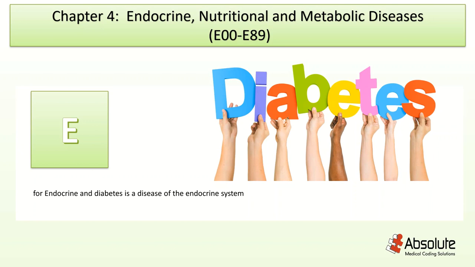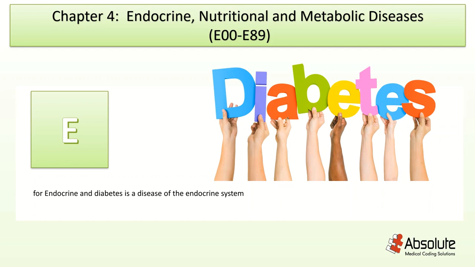Chapter 4 category codes all begin with the letter E. E is for endocrine, nutritional, and metabolic diseases. So if you have any endocrine condition, it's going to be under Chapter 4 and it's going to begin with the letter E. Now, the code series is E00 through E89.